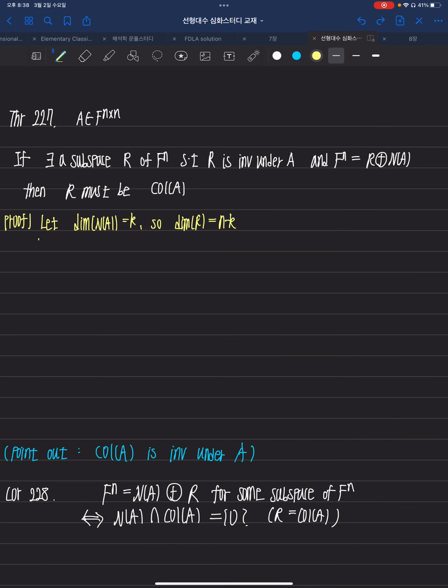And we know that the dimension of the column space of A is also n minus k. Why? By the fundamental theorem of linear algebra.